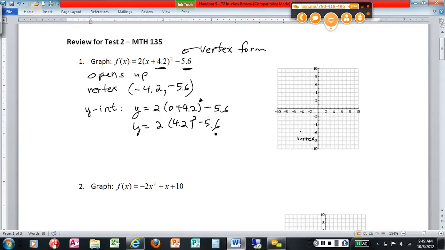And so if we multiply all that out, do the squaring first. 4.2 squared gives me 17.64. And then multiply by 2 and subtract 5.6. Here's what I get: 29.68.